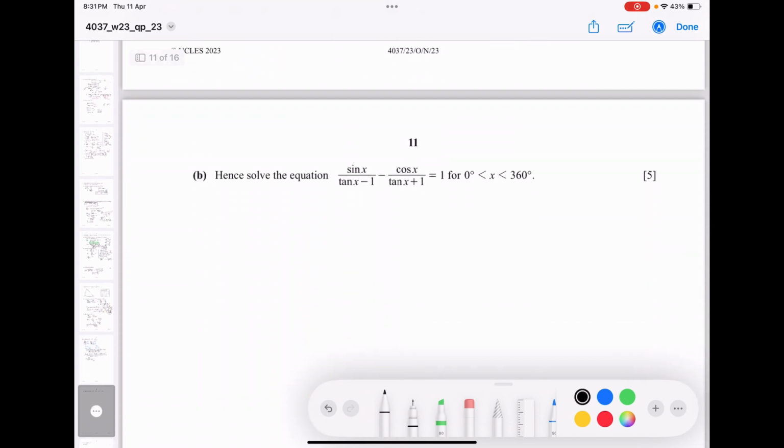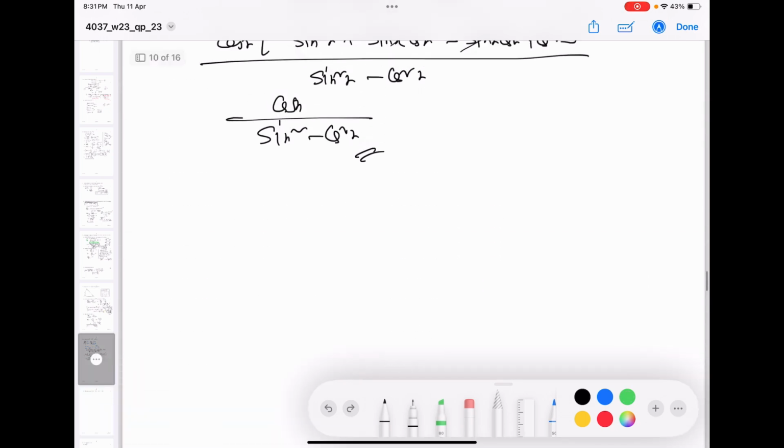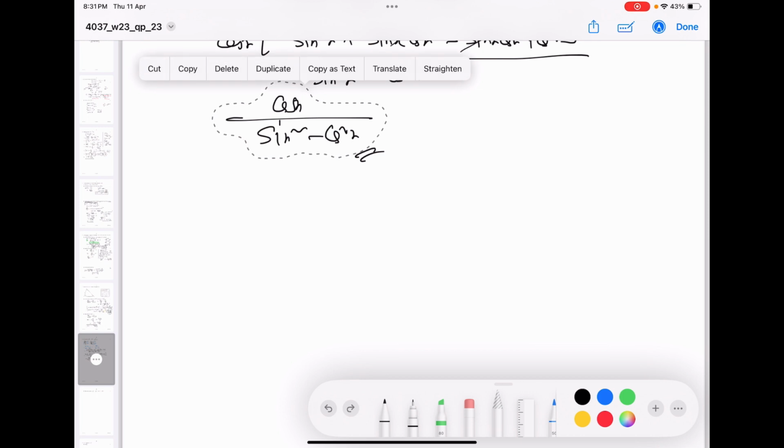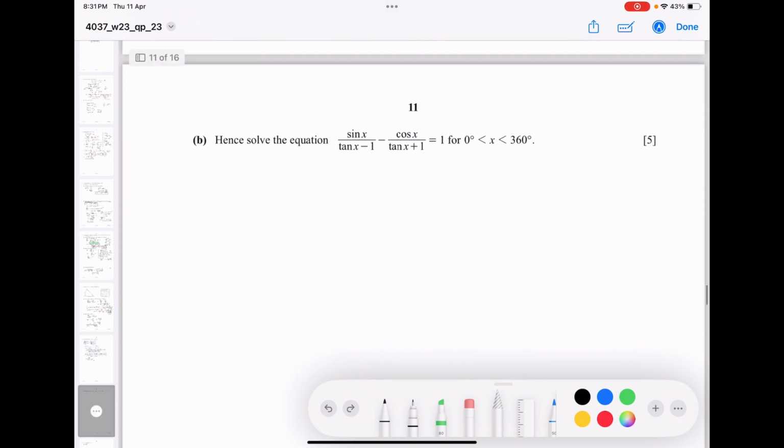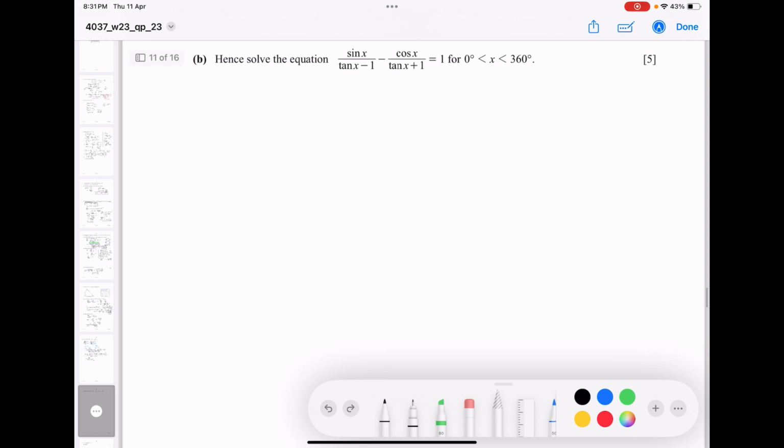Now we will solve this part. Okay, the first part is as the previous one. So let me copy this. Equals to 1.